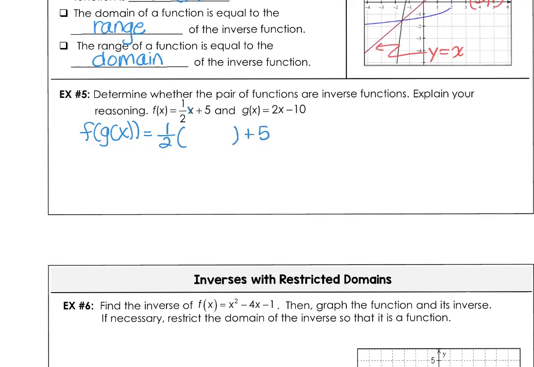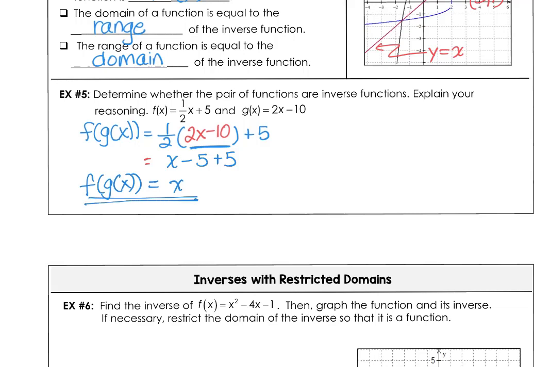And where this x is, I need to put the g function in that place, 2x minus 10. So my question is, when we simplify that down, does it give us just x? So distributing, half of 2x is x, half of 10 is 5, and then add 5, we do get x. So the f of g of x gives me x.